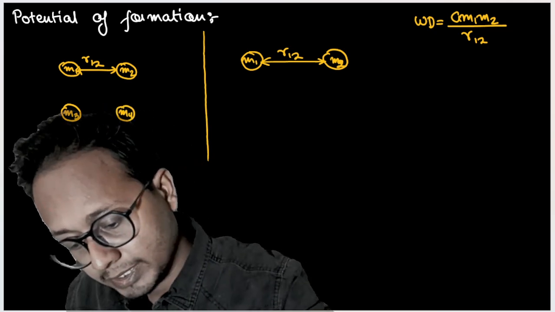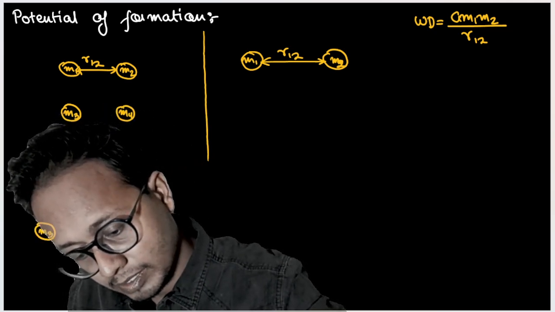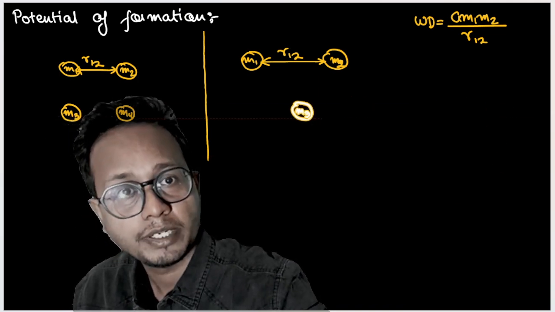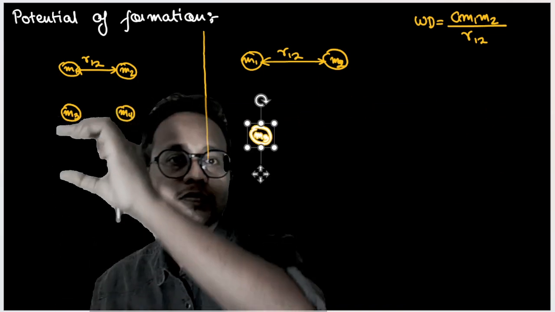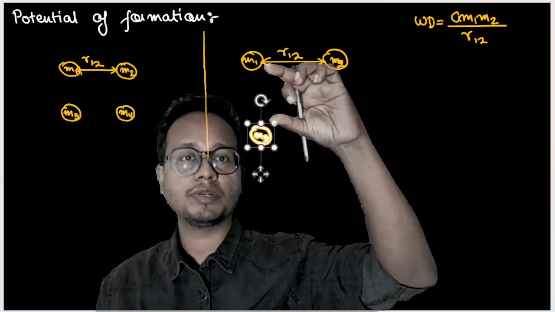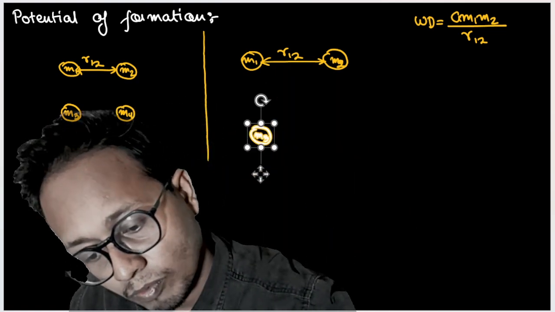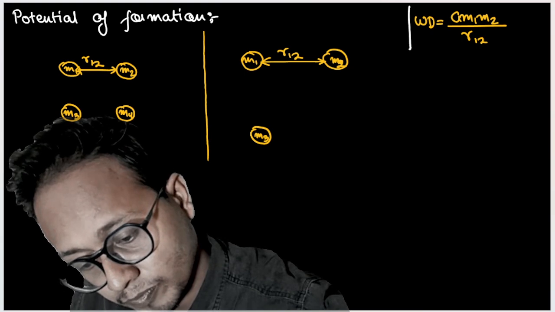Suppose I bring the third mass, this m3, from infinity to this point out here. My question is, what is the work done? This is the work done in bringing mass 2.